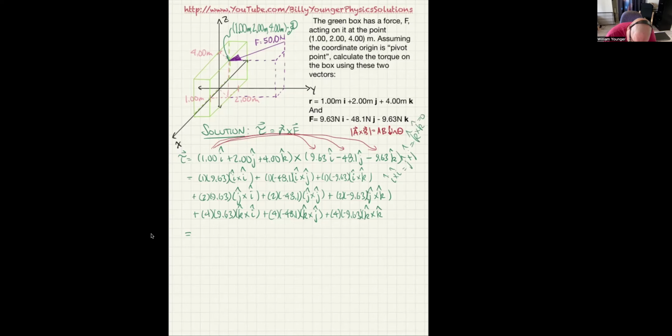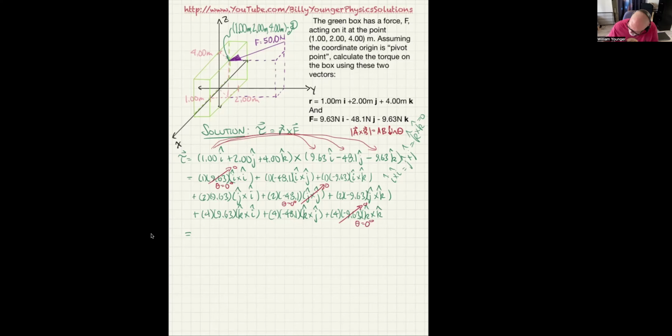All of those have to equal 0, because it's 1 times the sine of 0, and the sine of 0 is 0. So we can automatically assume that this is 0, again because theta equals 0 degrees. We also say j hat cross j hat is 0, and k hat cross k hat is 0, again because theta equals 0 degrees.